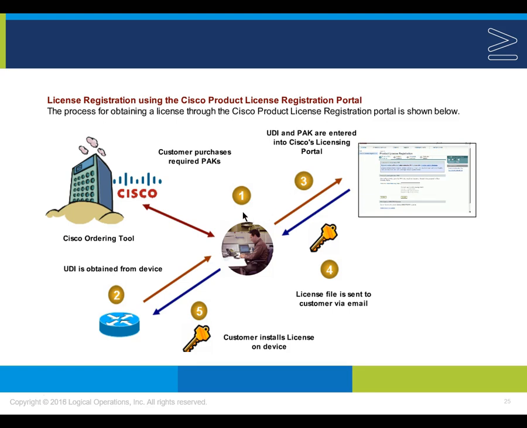Then after we get it, the UDI and the product activation key are entered into Cisco's licensing portal at cisco.com. Once we have that, we get a license. A license file is sent via email, and can also be downloaded at the time. So we store it someplace, and then you install the license onto the device that you have just licensed.